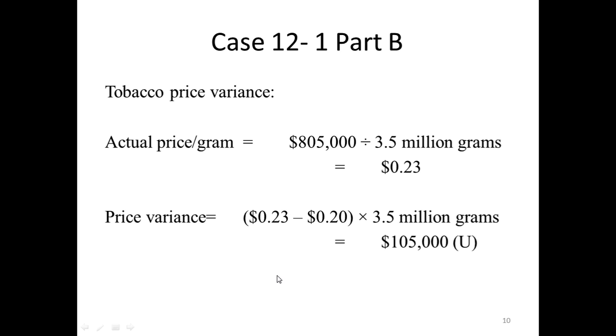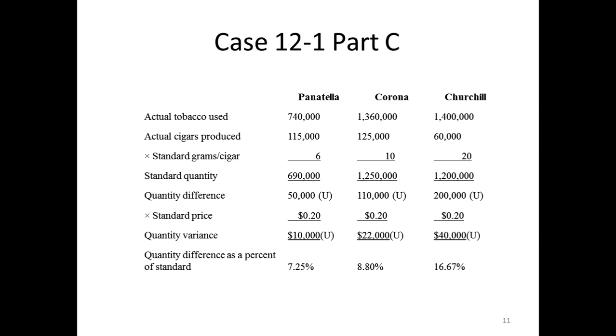The tobacco price standard is 20 cents, and the actual price is 23 cents per gram. So you know they used the 3.5 million grams they purchased. So it looks like they've got an unfavorable price variance for the tobacco of $105,000. So they paid more for the tobacco than they anticipated.